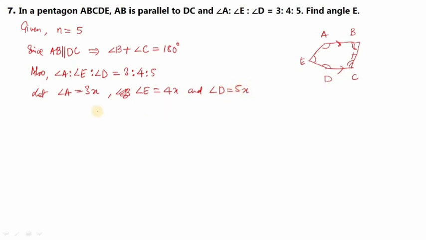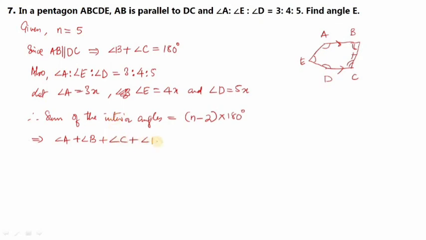Now the sum of the interior angles. All of you know the formula is n minus 2 into 180 degree, isn't it? So sum of the interior angles means angle A plus angle B plus angle C plus angle D plus angle E. Can I do this? Definitely.